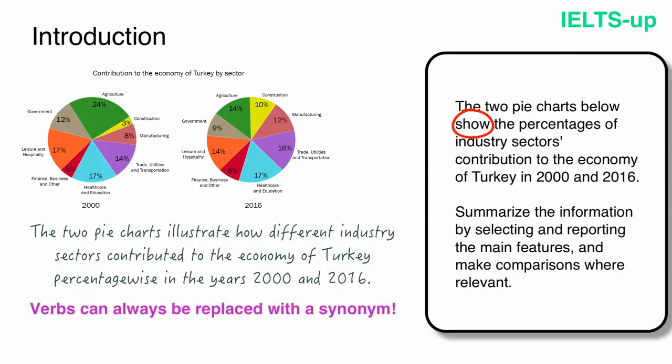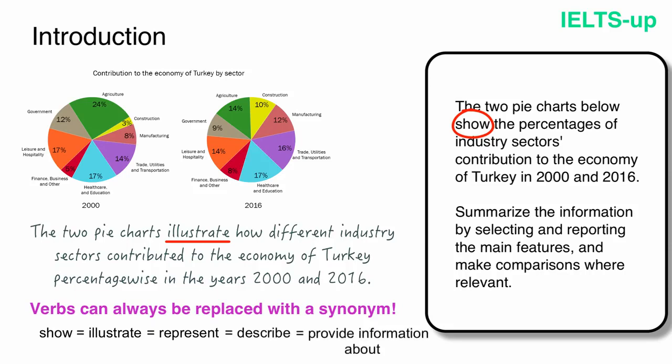And verbs can always be replaced with a synonym. I decided to replace the word show with illustrate. But this is not the only option. We could also use such synonyms as represent, describe, or provide information about.